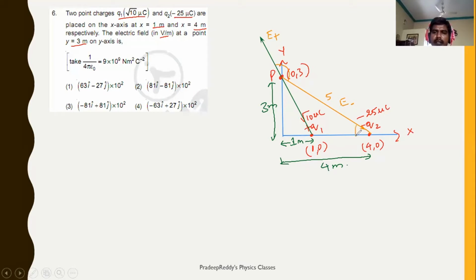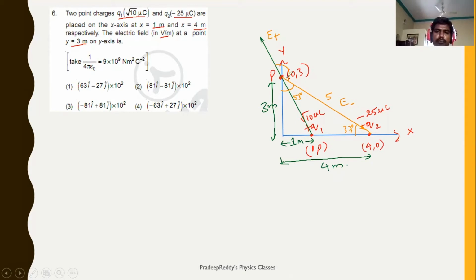And this angle will be 37 degrees and this angle will be 53 degrees. Right? This angle is 53. I need to check the angle between these two, E1 and E2. So simply in order to find the electric field at this point P, at that point we have two fields, E plus and E minus.